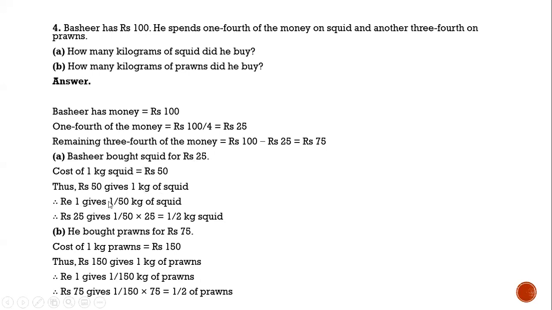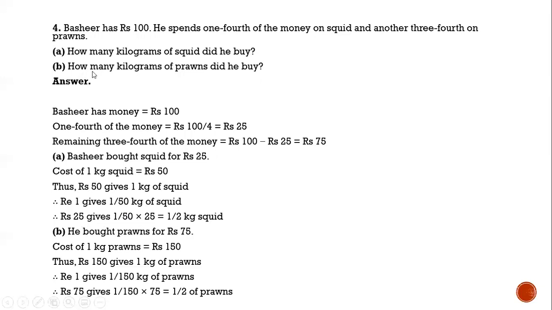Rupee 1 will give 1 by 50 kg of squid. Then 25 gives 1 divided by 50 times 25, that is half kg of squid. So if 50 rupees is for 1 kg, 25 rupees is for half kg.